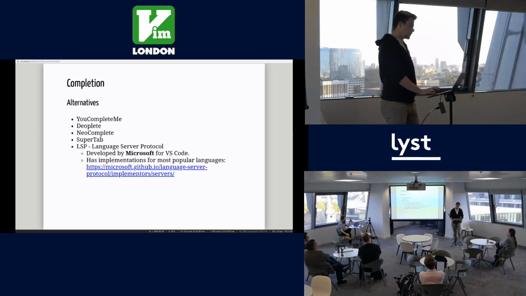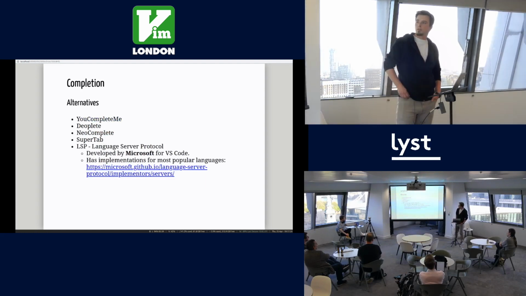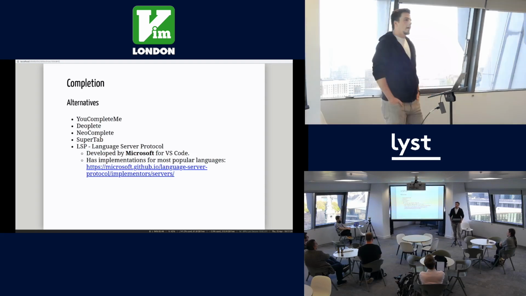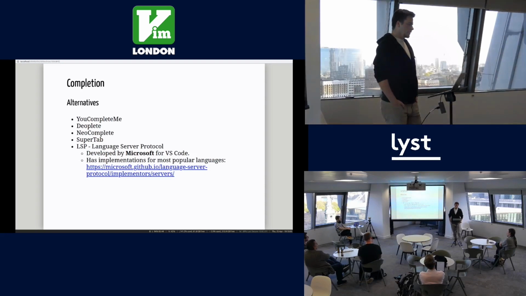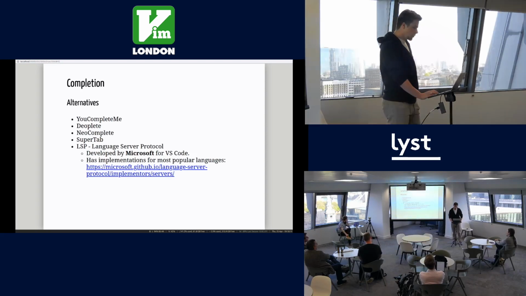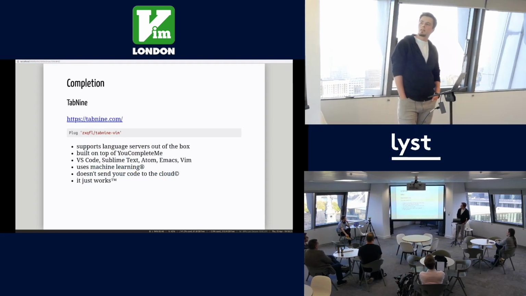But there is also the language server protocol, something that was developed by Microsoft for VS Code, and it is a server running in the background, allowing you to add many functionalities to Vim, like auto-completion, refactoring, and I don't really know what else because I never used it directly, because what I use is Tabnine, which uses LSPs, language server protocols, seamlessly.